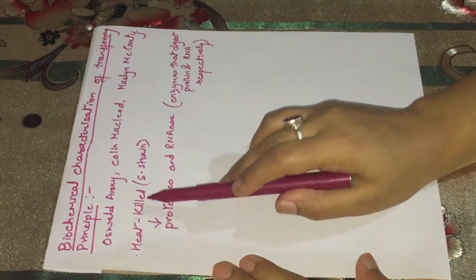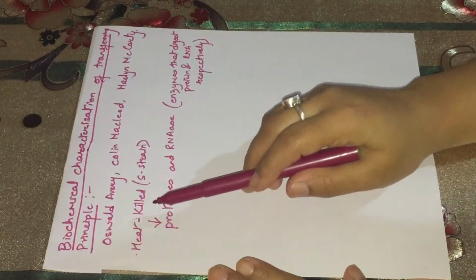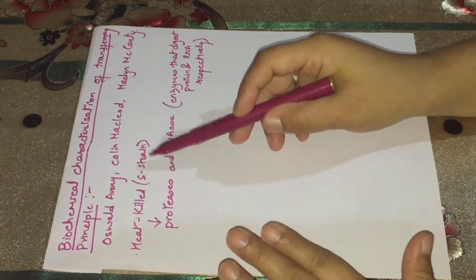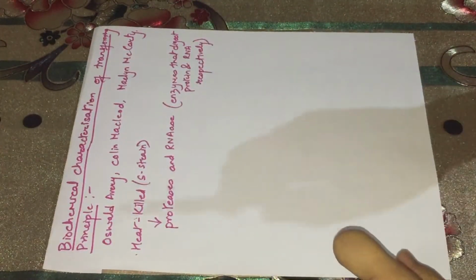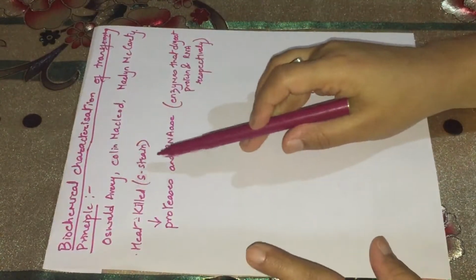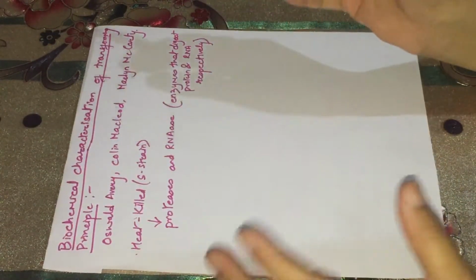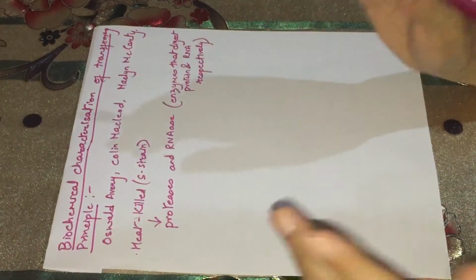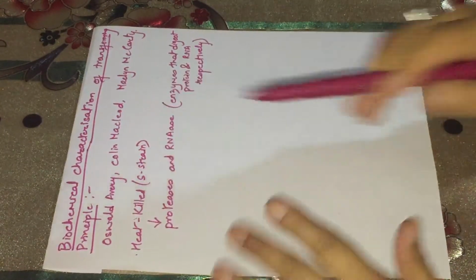Now, in the cell of this heat killed S strain bacteria, Streptococcus pneumoniae, the biochemicals that can be present inside the cell are protein, RNA, and DNA. All three can be there.